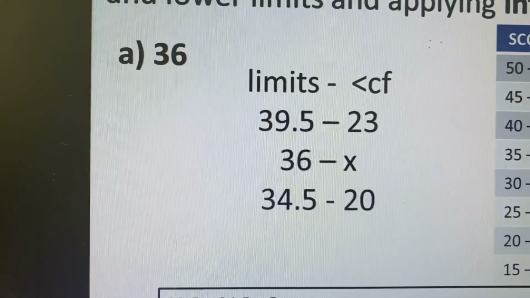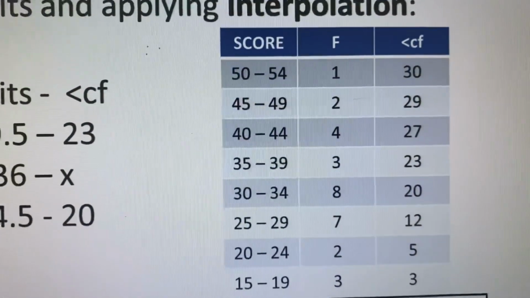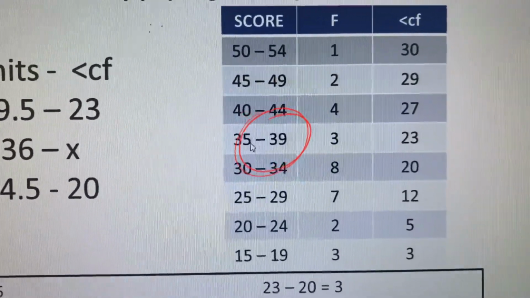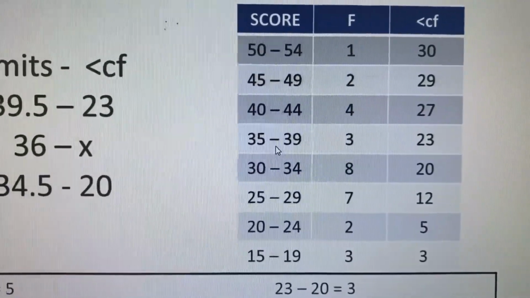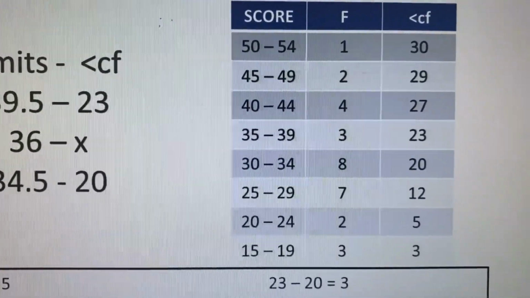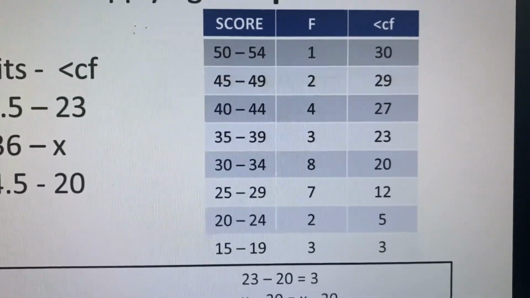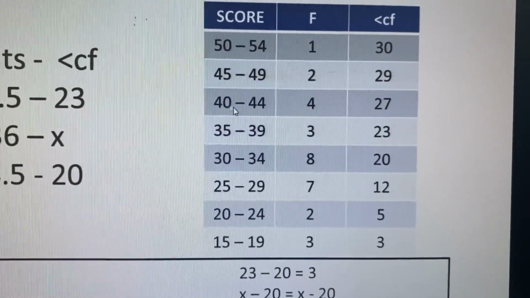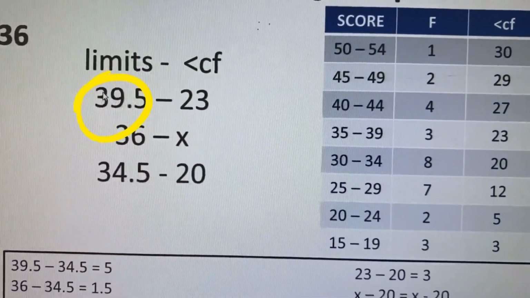And then since 36 is in the class interval of 35 to 39, the upper limit is 39.5. We just add 39 plus 40 divided by 2, so we have now 39.5.